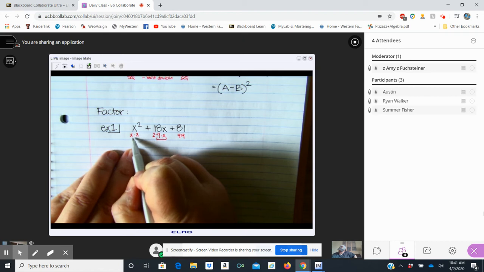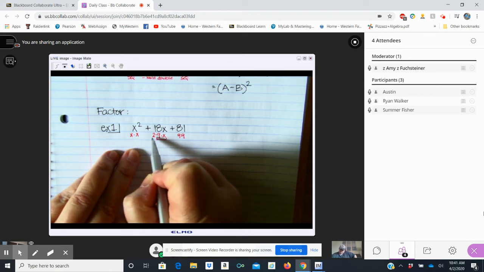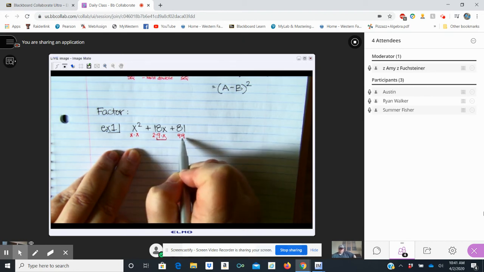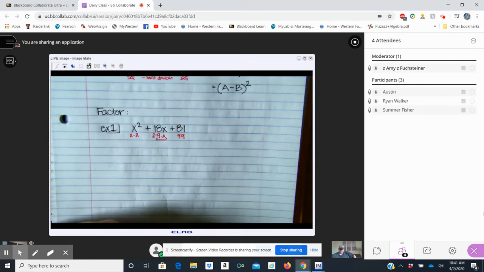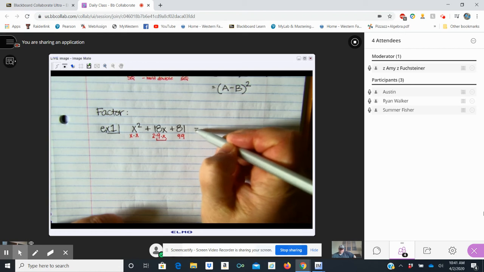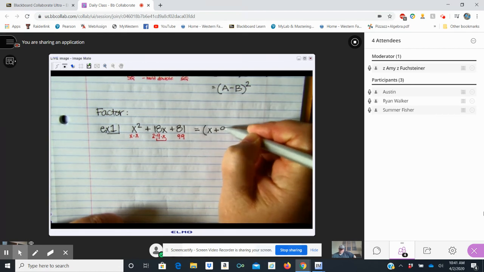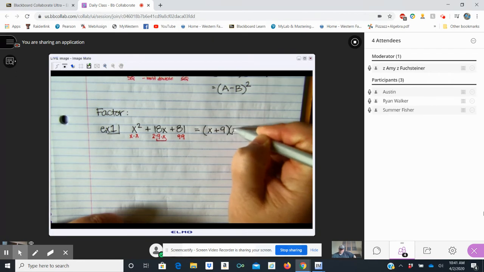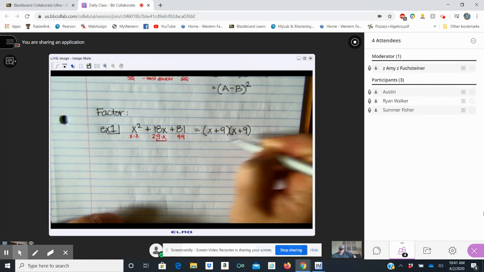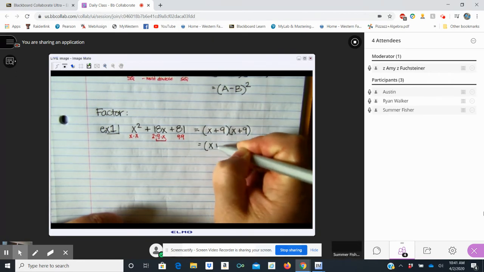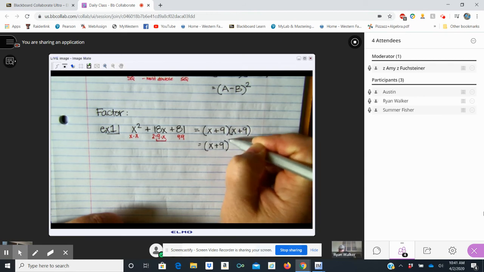So I've got a square, multiplied, doubled, and a squared again. Yes? So this follows the pattern. X plus 9 times x plus 9, which is x plus 9 squared.